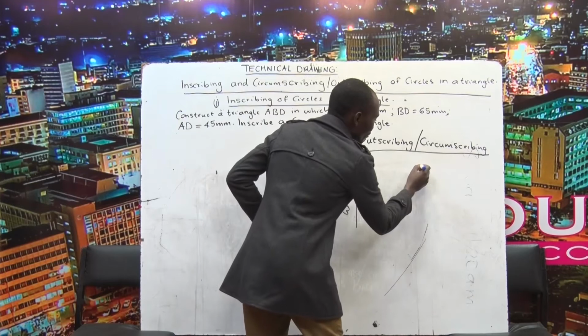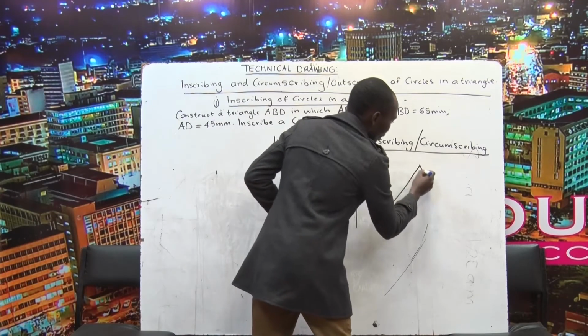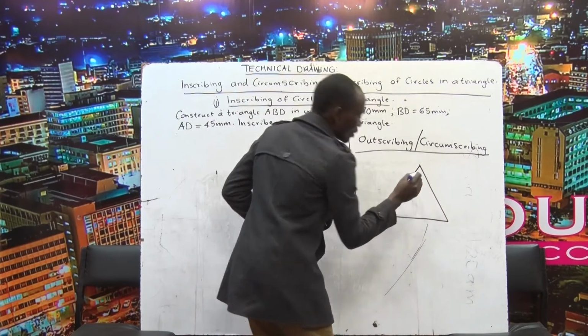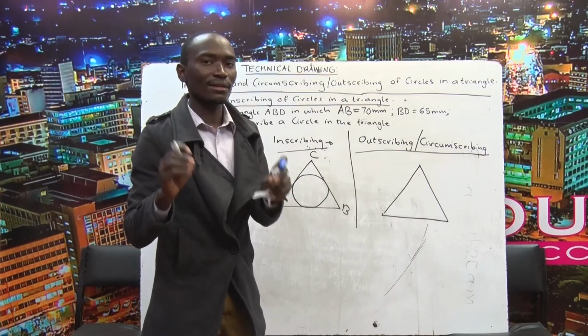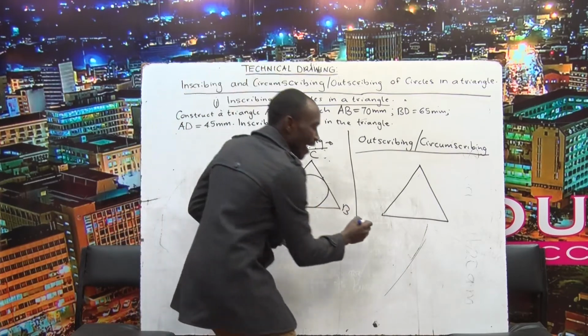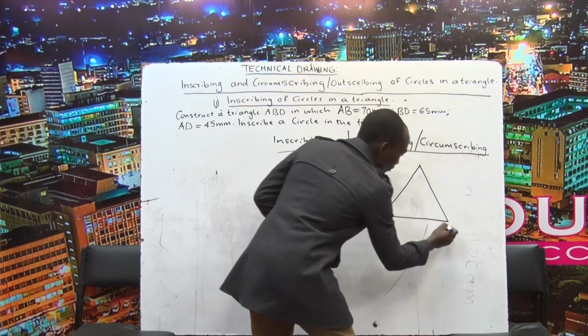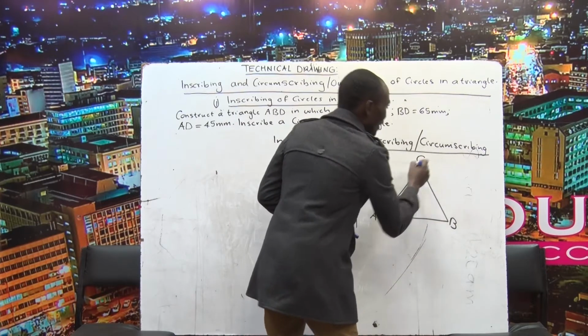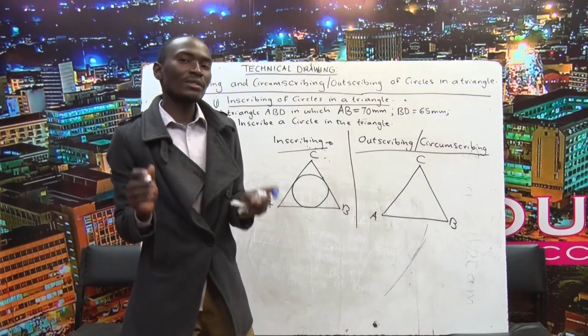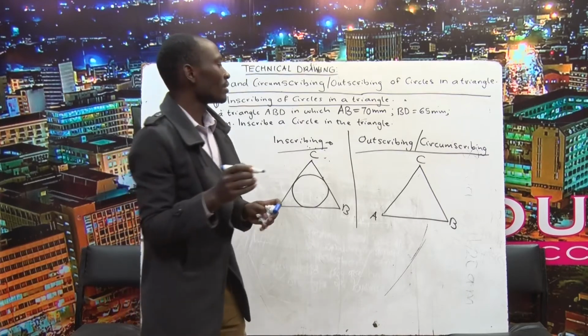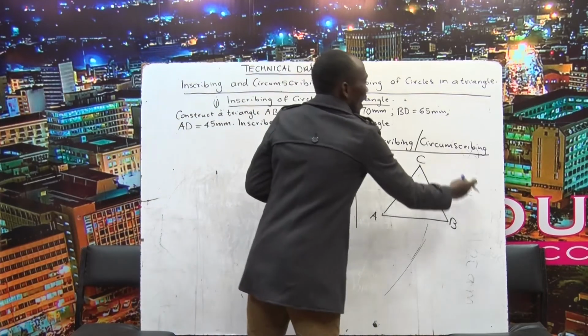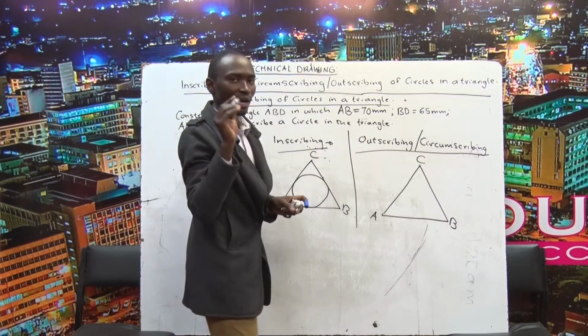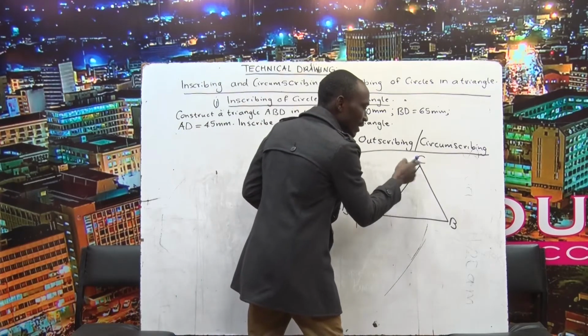If you have drawn a triangle like this, with A, B, and C, and you've been told to circumscribe, it means that your circle should now pass outside the triangle, touching the apexes.